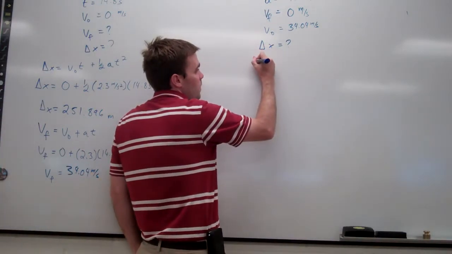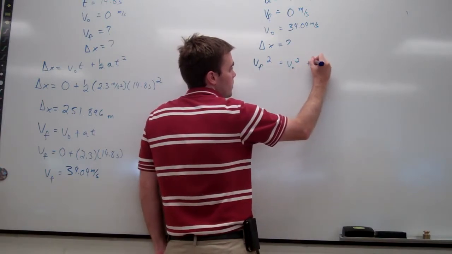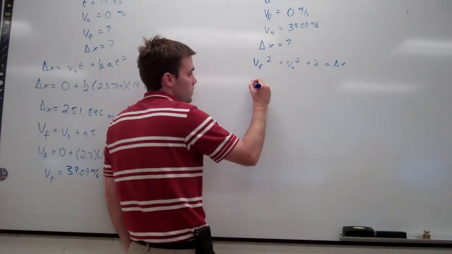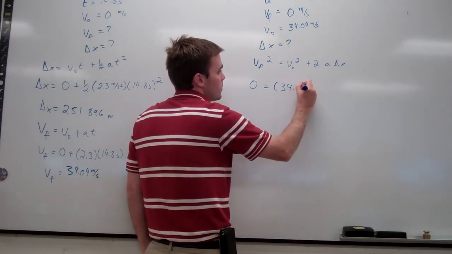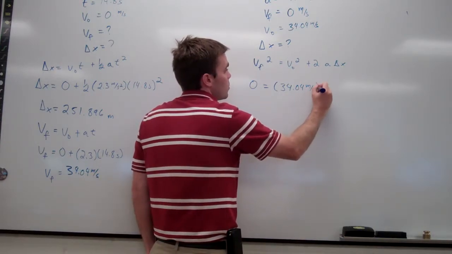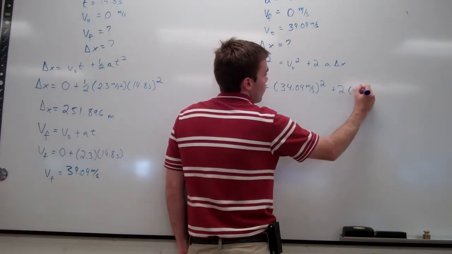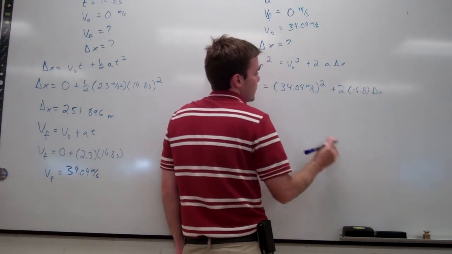So I'm going to do VF squared equals VO squared plus 2A delta x. So you get 0 equals 34.04 meters per second quantity squared plus 2 times negative 4.8 times delta x.